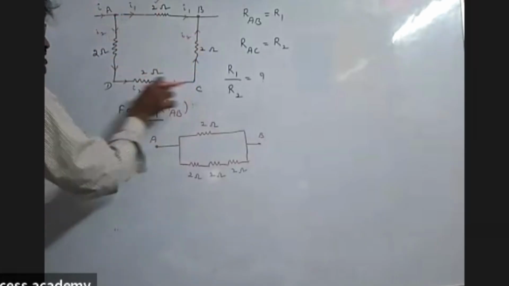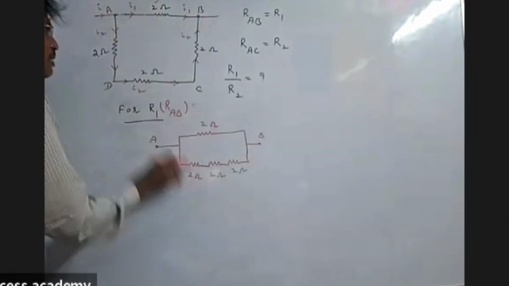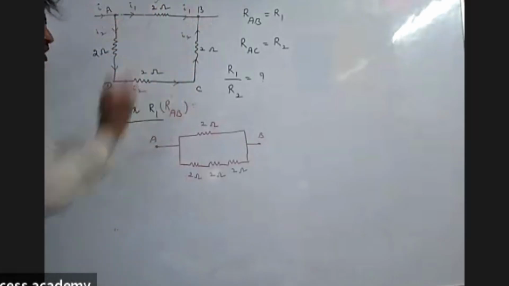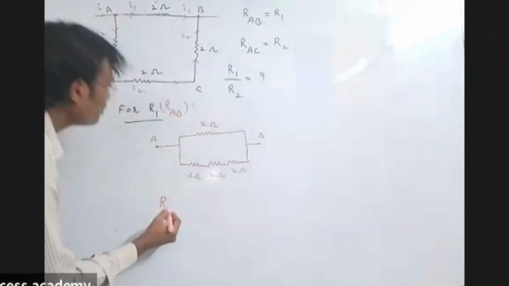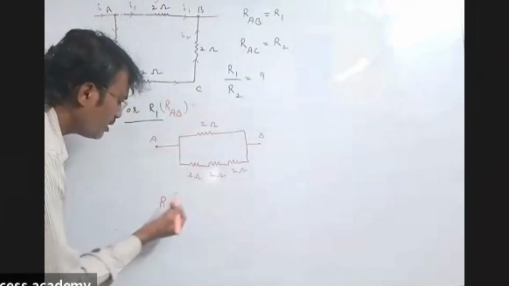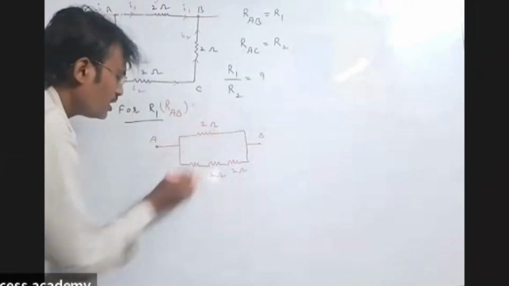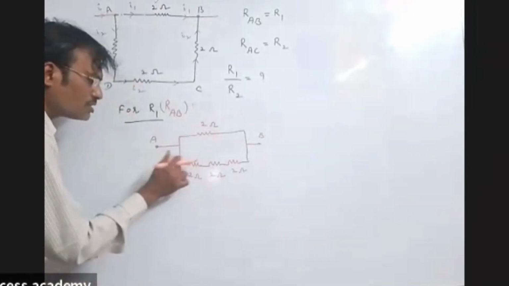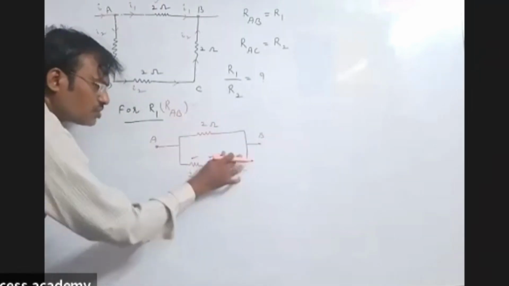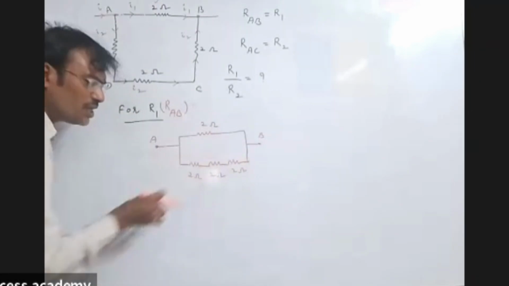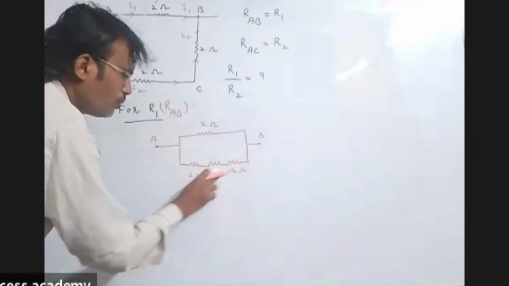These three resistors are in series because there is no deviation. In series combination, what is the equivalent resistance? 2 plus 2 plus 2, 6 ohm.